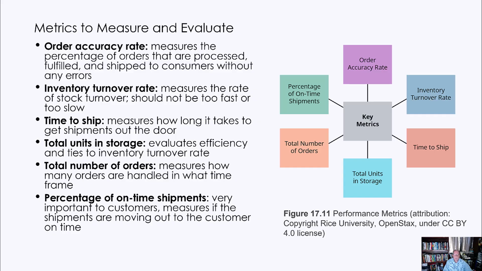How many total orders does each different channel have? And what is the percentage of on-time shipments? Can we afford any customers to be unhappy? So that percentage of on-time shipments has to be really, really high. What's the statistic? How many happy customers are going to tell the world that they love us? But how many unhappy customers are going to tell everyone that they're upset?